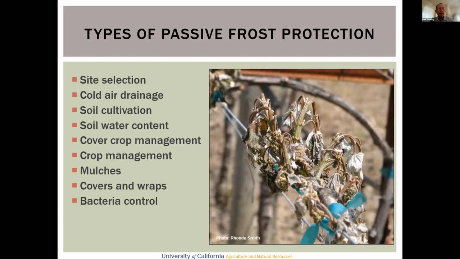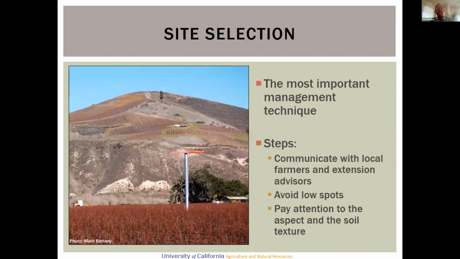Crop management like nutrition and mulches go in line, acting like a cover crop would. Covers and wraps, things placed over a crop, for example, and a little bit about bacteria control, like for the ice nucleating bacteria, which I'll talk about a bit more. So here I'll go into a little more detail on some of these things.